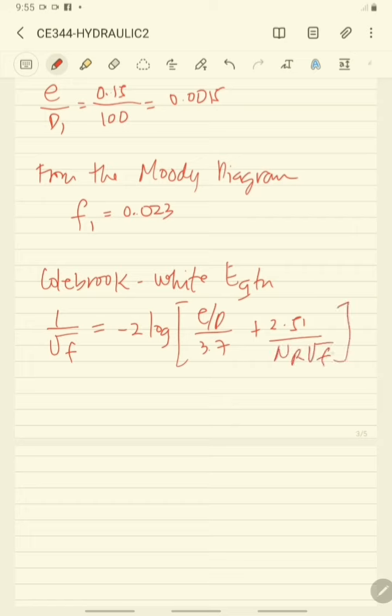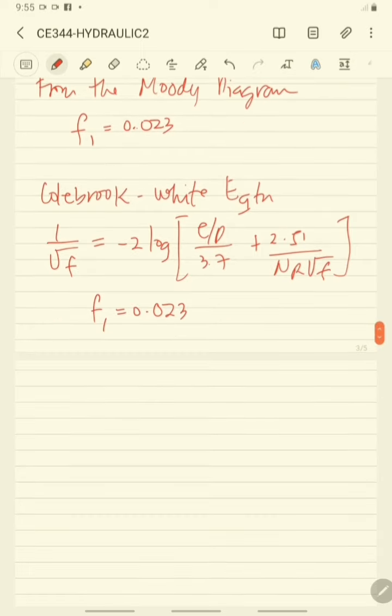By calculating the friction factor using the Colebrook-White equation, you can have the same results as from the Moody diagram. So f is also equal to 0.023.